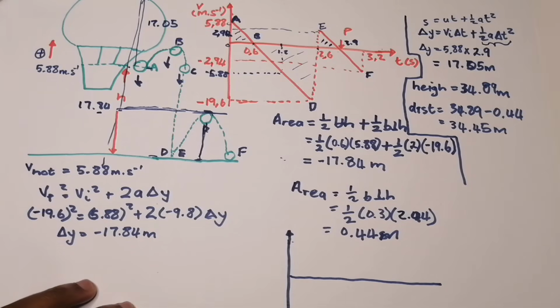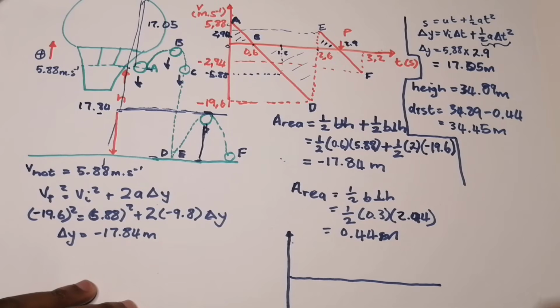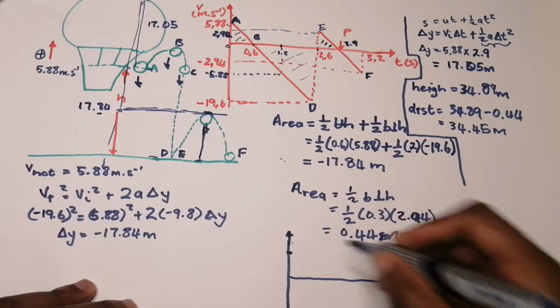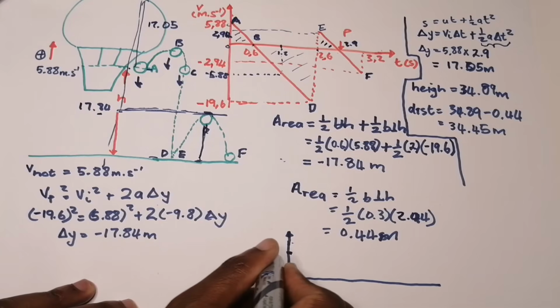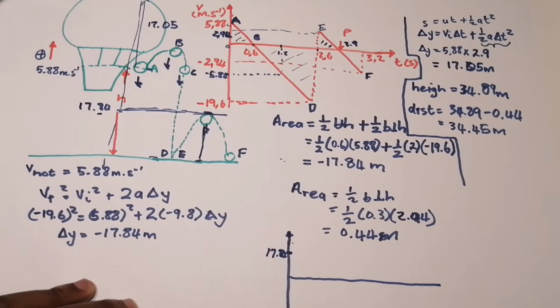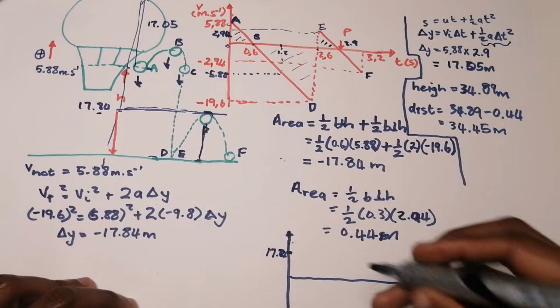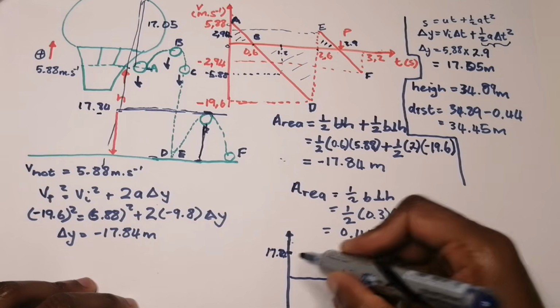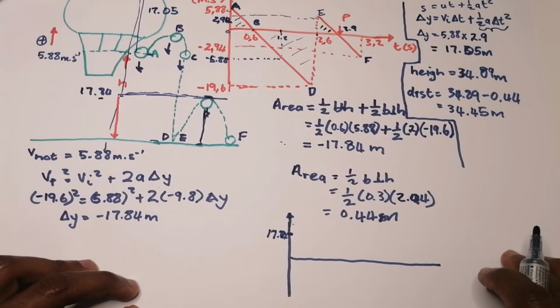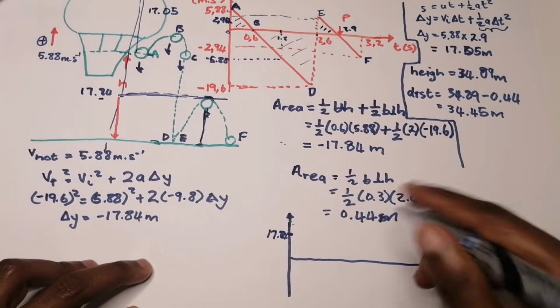What would that look like? It would start at 17.84. Sorry, I'm trying to squeeze everything in.